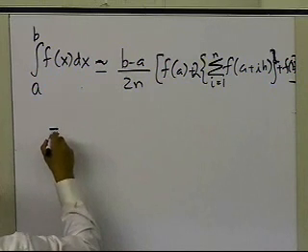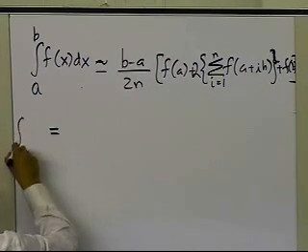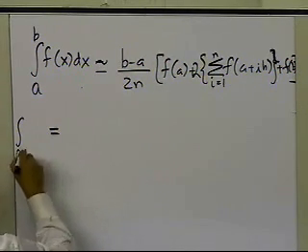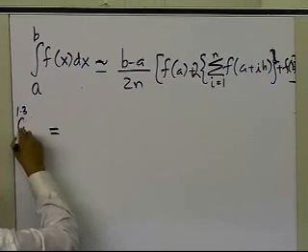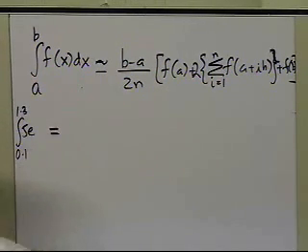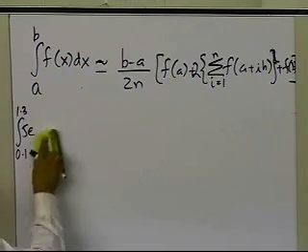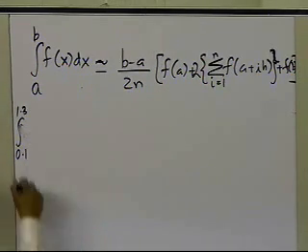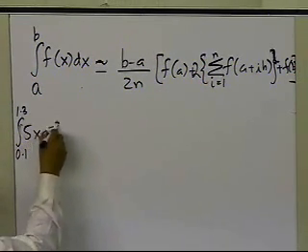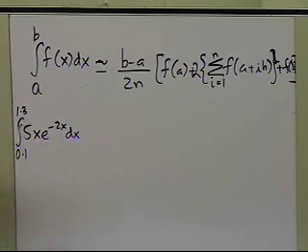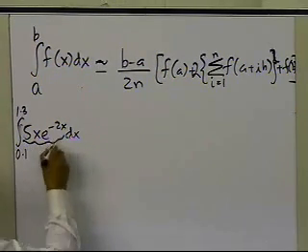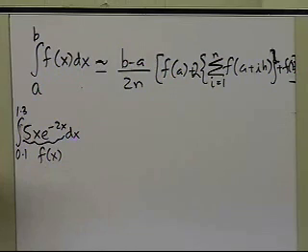So if I take the integral which is given to me, from 0.1 to 1.3 of 5x e to the power minus 2x dx, let's call this function f of x, so as to keep it in the contracted form.